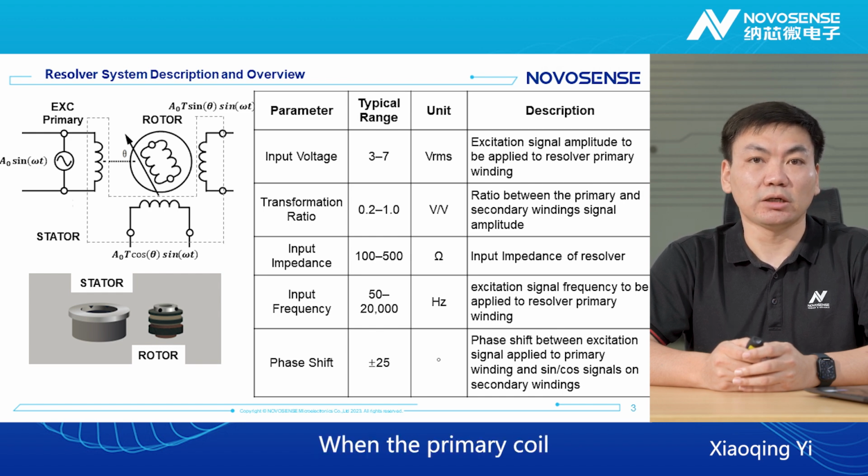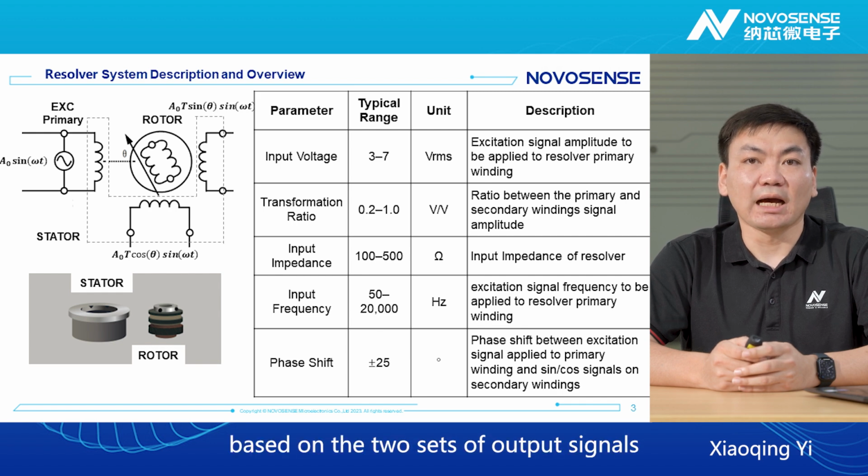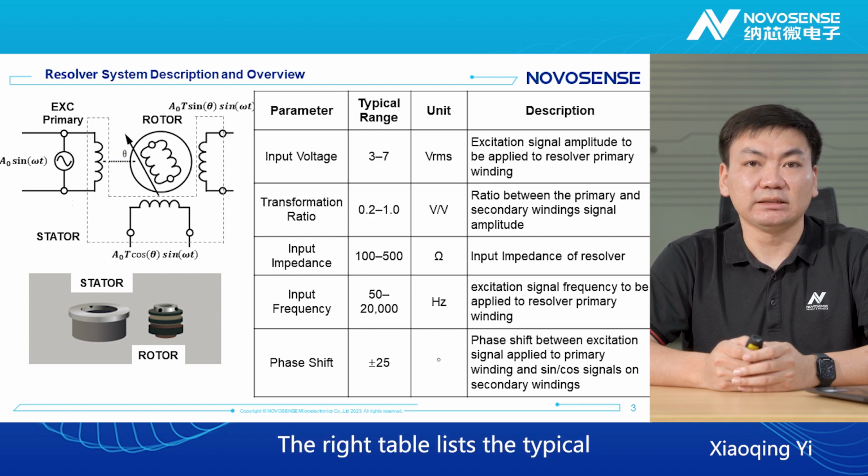When the primary coil is at different angular displacements or is rotating, the output voltage of the two secondary sides will change accordingly. Therefore, based on the two sets of output signals, the angle and angular velocity of the rotor can be calculated. The right table lists the typical electrical parameters of resolver drivers.